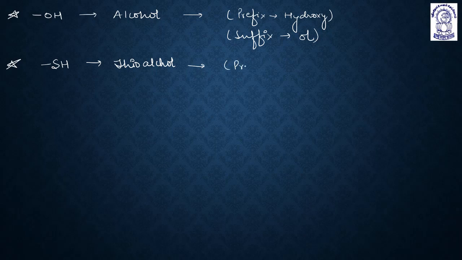The prefix is mercapto, and the suffix is thiol. Okay. Ethers we have considered as functional isomers of alcohol. Okay. Ethers we take in the form of alkoxy, that is OR means the prefix, that is why we haven't written here. Okay.